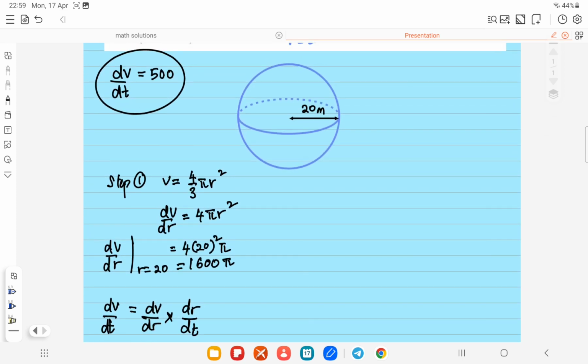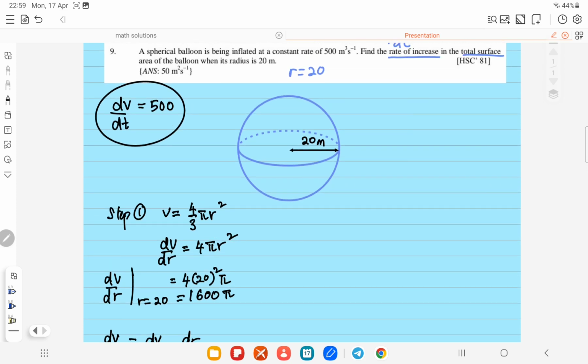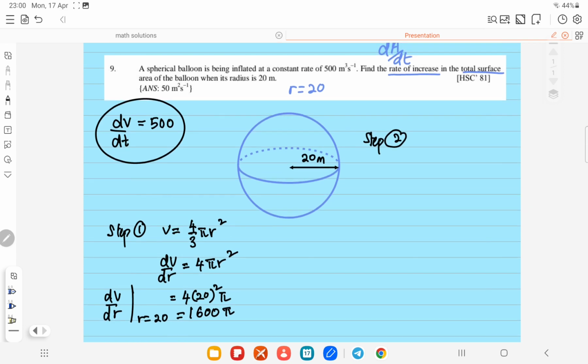We go to step 2. I'm writing at the right side of the spherical balloon shape here. Just now we read the question: find the rate of increase in the total surface area of the balloon.